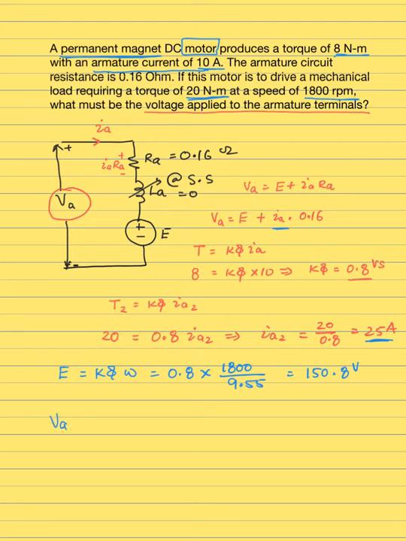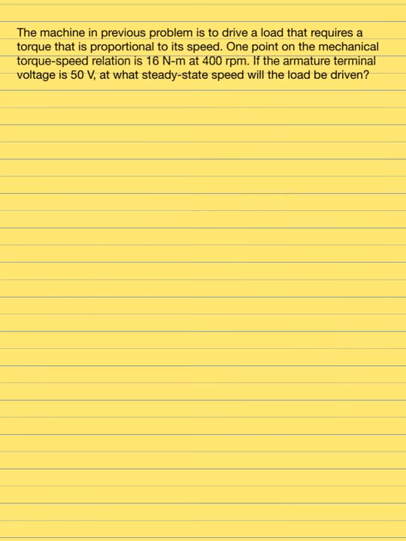Finally, your armature terminal voltage, which is what the question asks to determine, is E, which is known, plus IA, which is calculated as well, IA2 multiplied by RA given to us in the question. Once you complete the calculation, it gives you a numerical value for the armature terminal voltage as 154.8.